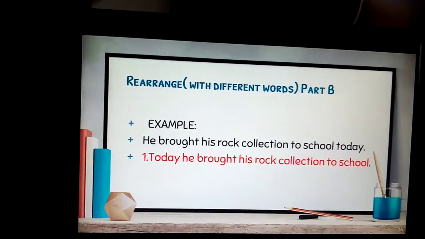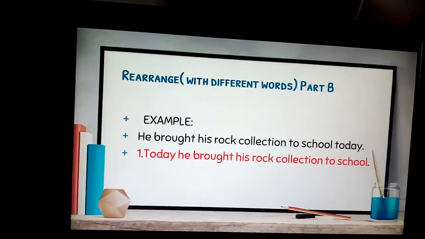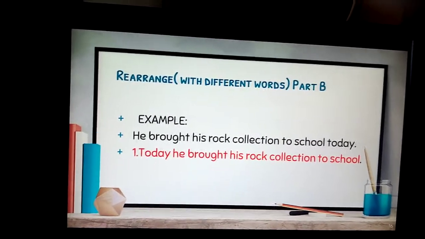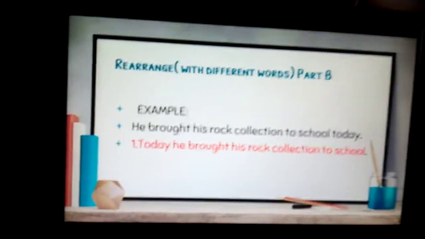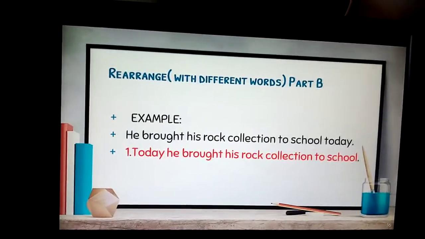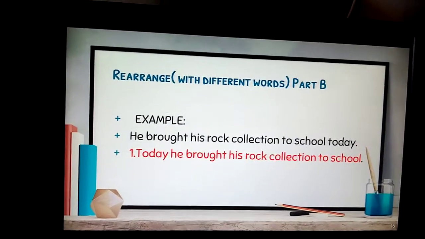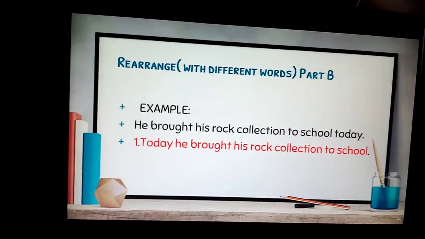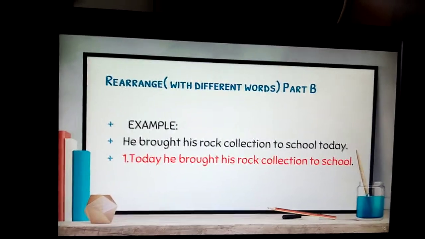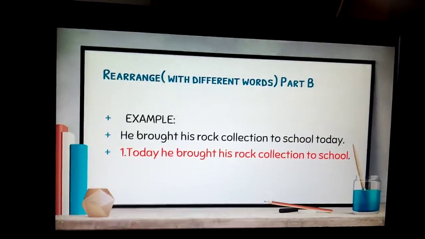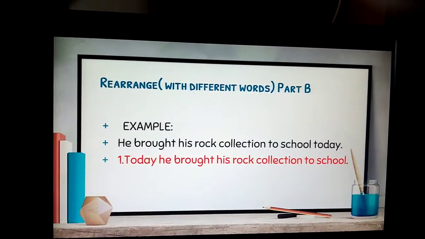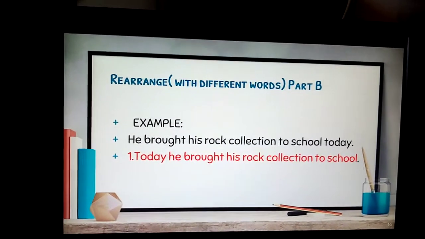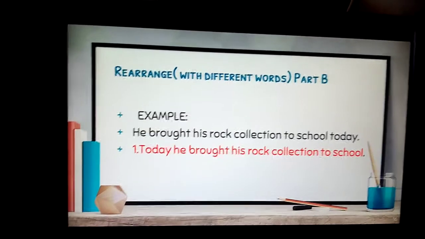Then we have rearrange, part B, with different words. For example, we have 3 or 4 sentences, and we have to rearrange those sentences in a different way. For example, he brought his rock collection to school today. This is the sentence.